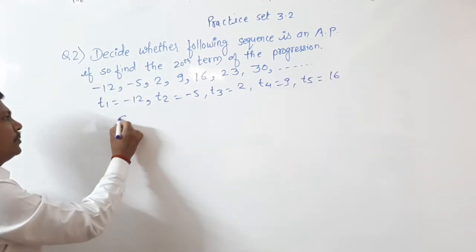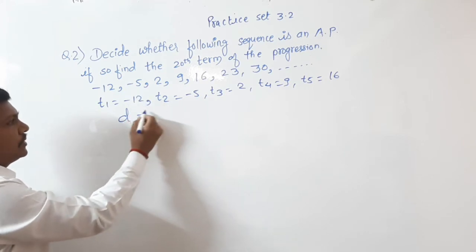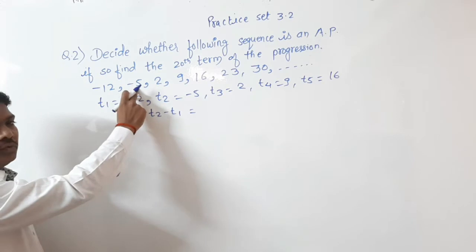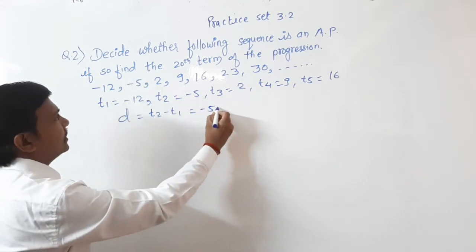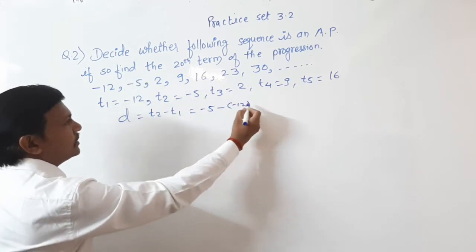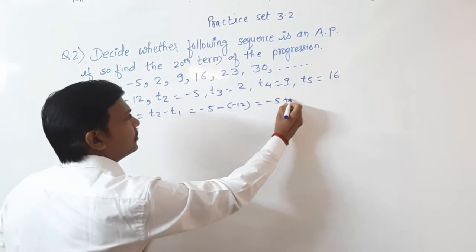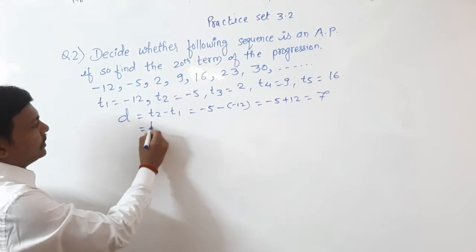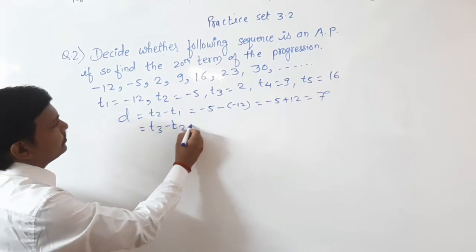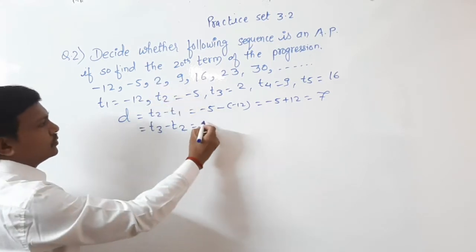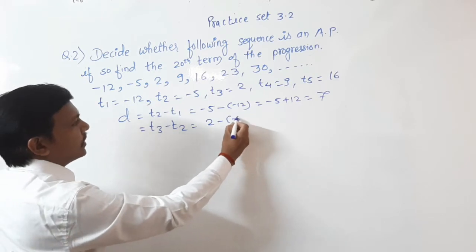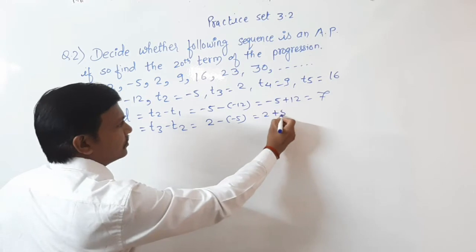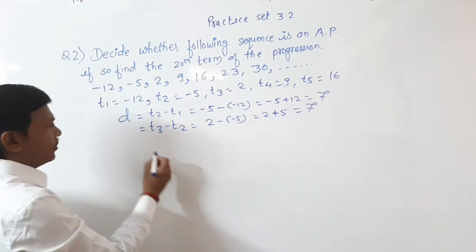So the common difference between two consecutive terms, that is T2 minus T1. So T2 is minus 5, then minus minus 12, so it is minus 5 plus 12, that is plus 7. Similarly T3 minus T2, the third term is 2, then minus, again in bracket minus, so 2 and minus that is plus 5, so again it is 7.